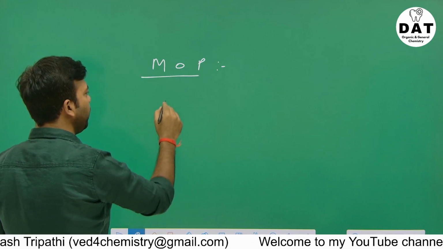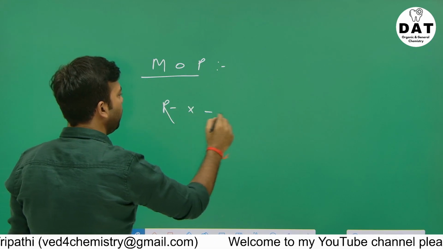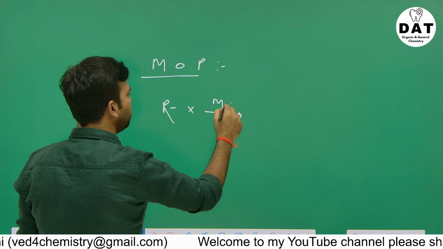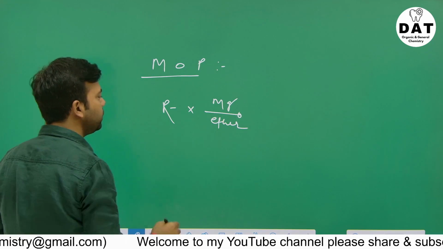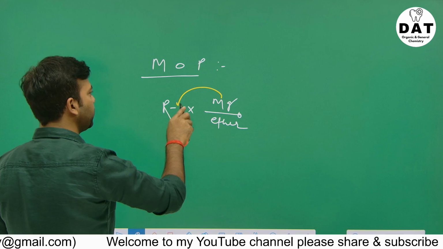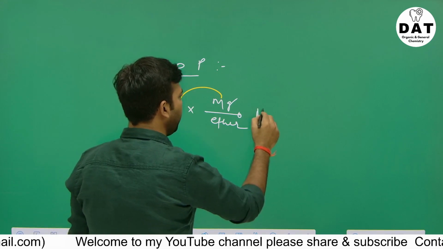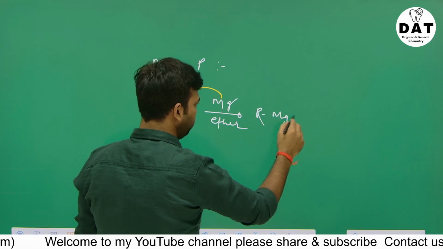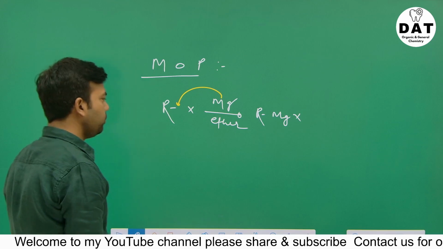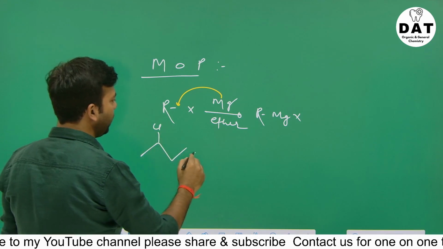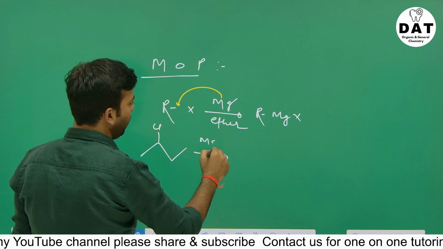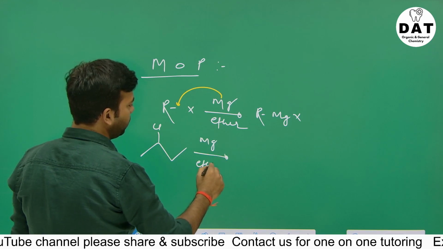Suppose we have an alkyl halide and we treat it with magnesium in the presence of ether. Magnesium will insert between this R–X bond, so it will become RMgX. Clear? Suppose you have this chlorine and we are using Mg in the presence of dry ether.